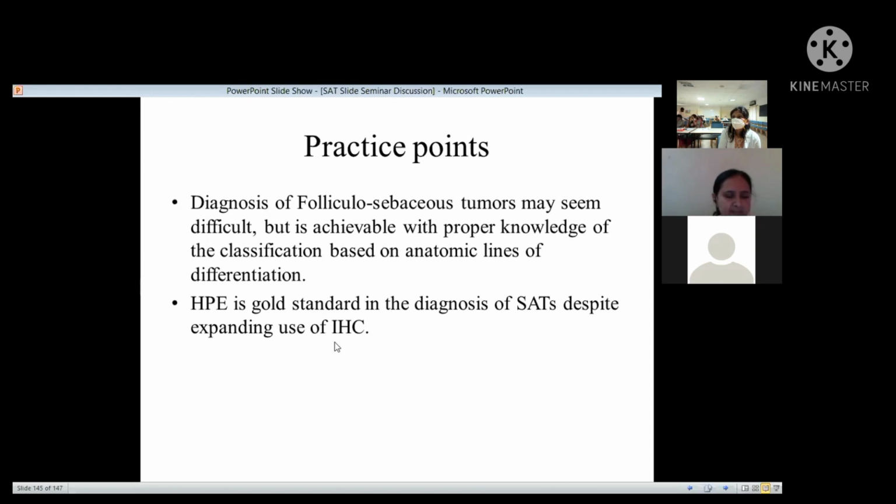Many times we try to give a specific name to these adnexal tumors, but it is only of academic interest, because surgeons and pathologists are more interested in knowing whether it is benign or malignant, the nature of the tumor, once it has been removed. But definitely the study of these tumors is very interesting and fascinating. I hope I have done justice with these slides. If there are any doubts, if time permits, I can take questions.